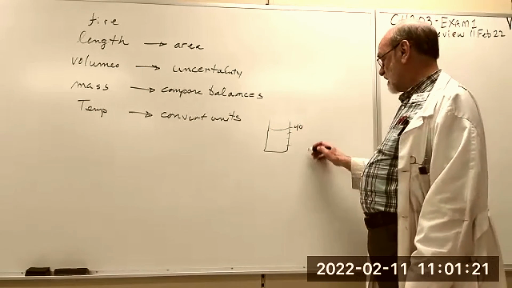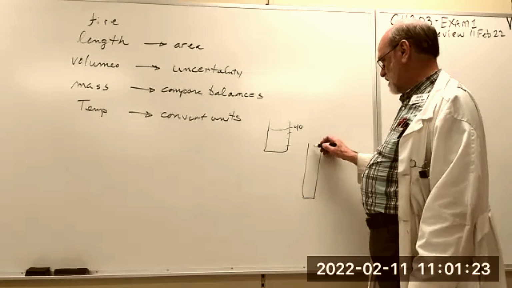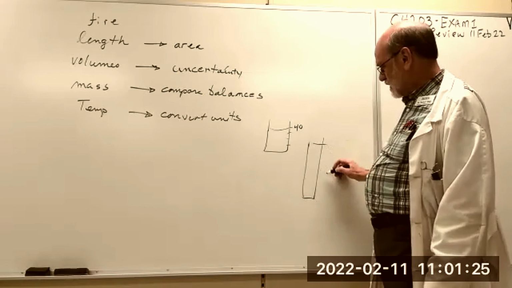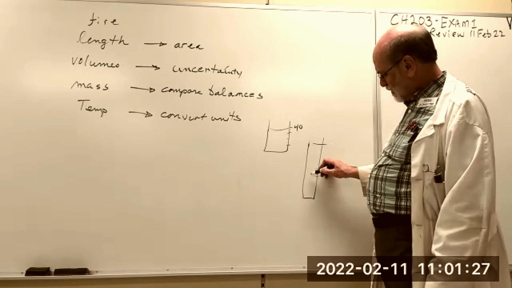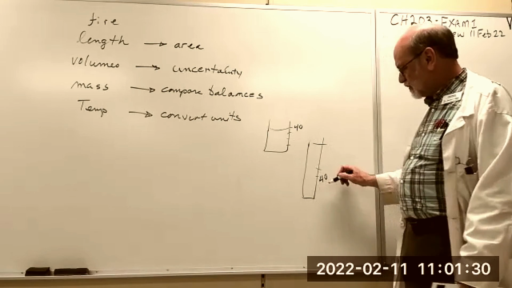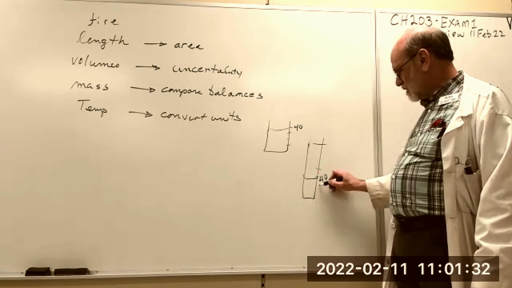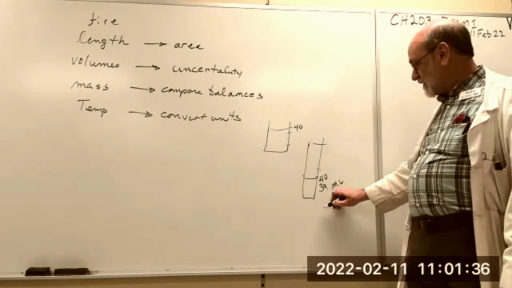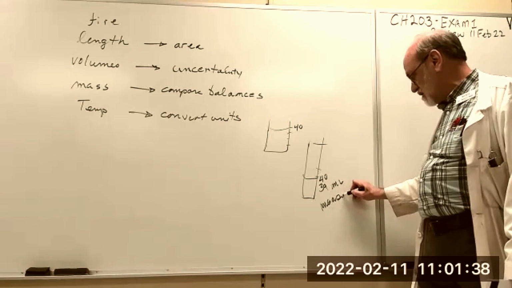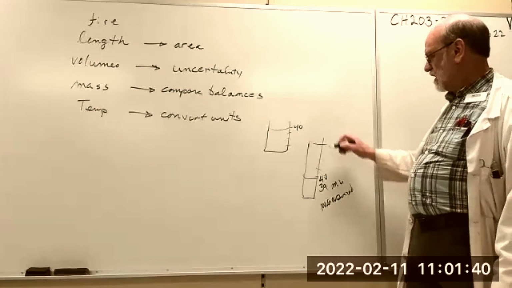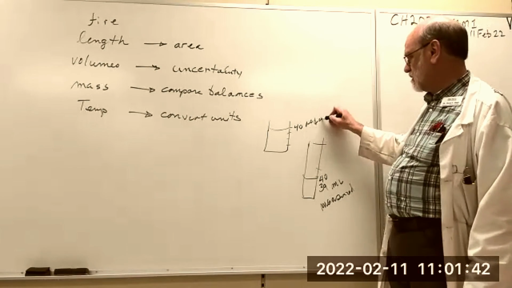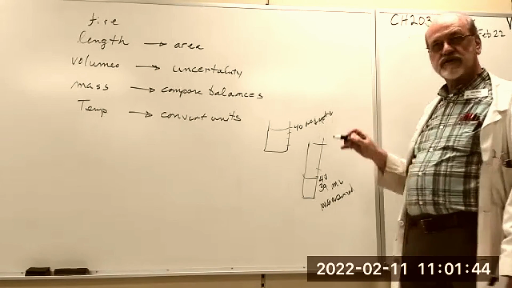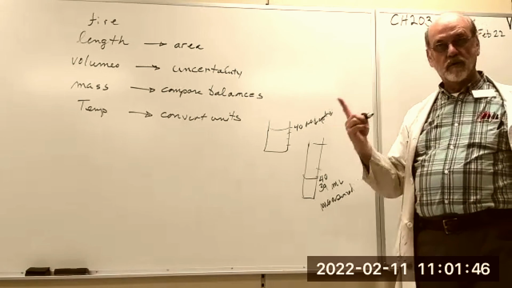And you measure what it is in the graduated cylinder. It should be in the neighborhood of 40. But suppose it only comes up to 39. That's the measured volume, and this is the accepted volume. So what's the difference? 1 milliliter.